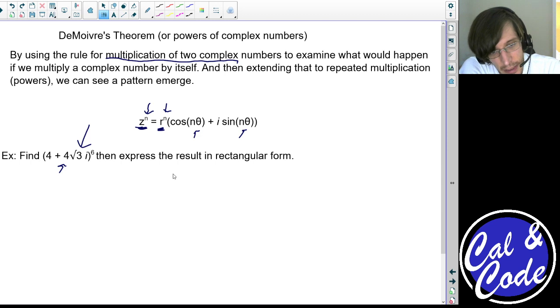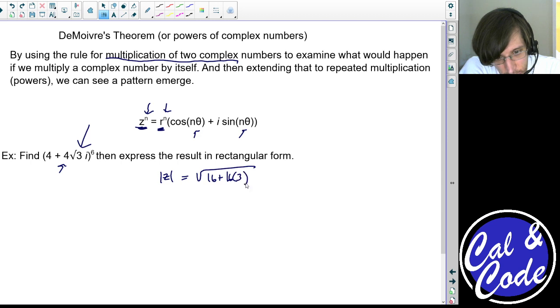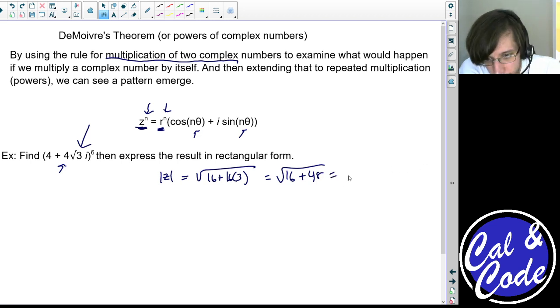So first thing I gotta do, I'm gonna find the modulus of it. The modulus is the square root of 16 plus 16 times 3, or the square root of 16 plus 48, or 64.